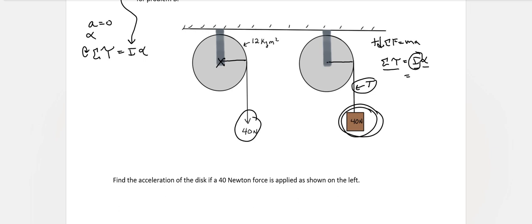At this point, you should have two equations, and you should see the following unknowns: an unknown tension, an unknown acceleration of this object, and an unknown angular acceleration. The tangential acceleration is related to the angular acceleration through the definition of a radian. Remember, we've talked about these three equations. One of them is s equals r times theta.